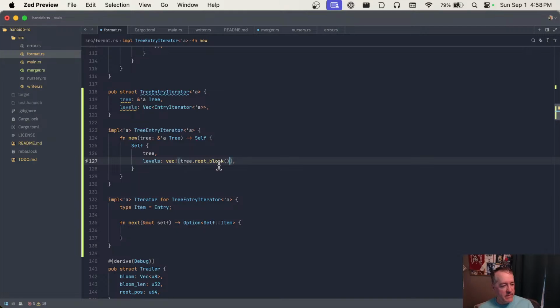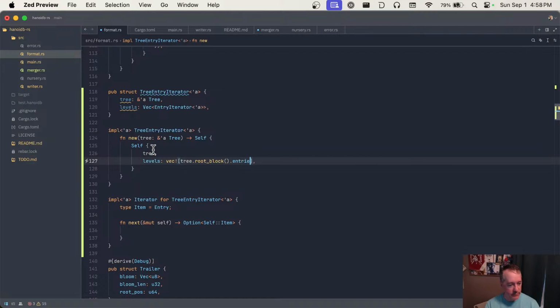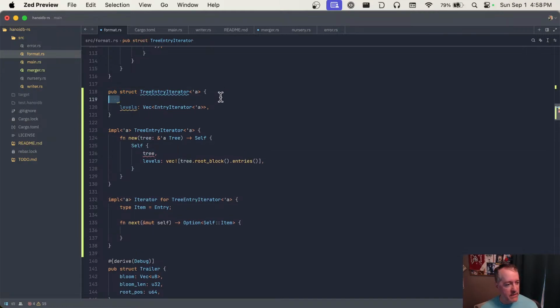And maybe we don't even need the tree, because they'll all be borrowing from the tree. Although we might need it to be able to get the next block.